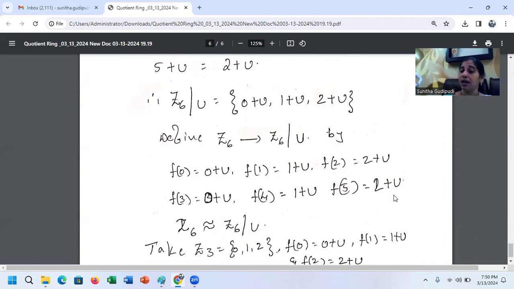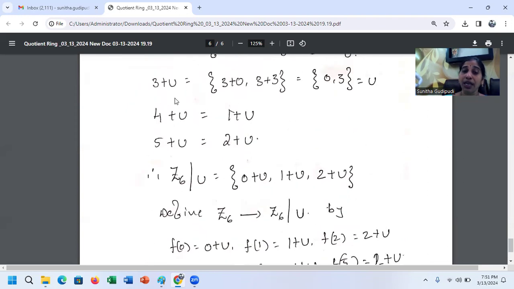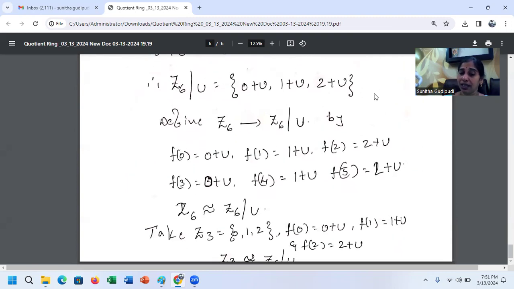Now let us check. How many elements are mapped to 0+U? Observe, 2 elements. What are they? 0, 3 in this case. What is that {0, 3}? That is nothing but your ideal here. So what we can say is Z6 is homomorphic to Z6/U.